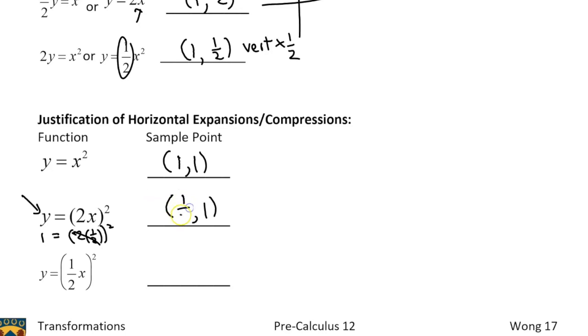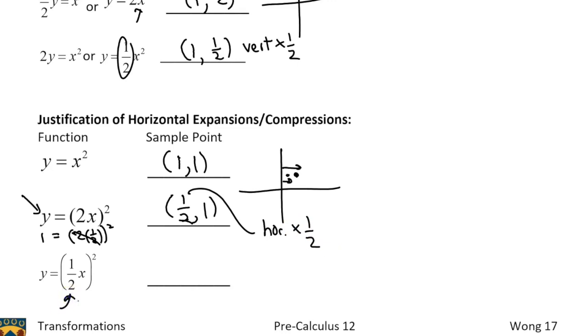So if I put a 1 half in here, then the point 1, 1 that I had over here is now going to be a half, 1. And instead of going over 1 unit to the right, I'm only going half the unit, which means that right here, this is going to represent a horizontal compression by a factor of 1 half.